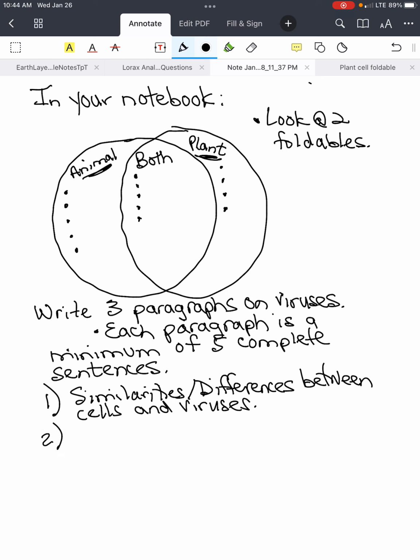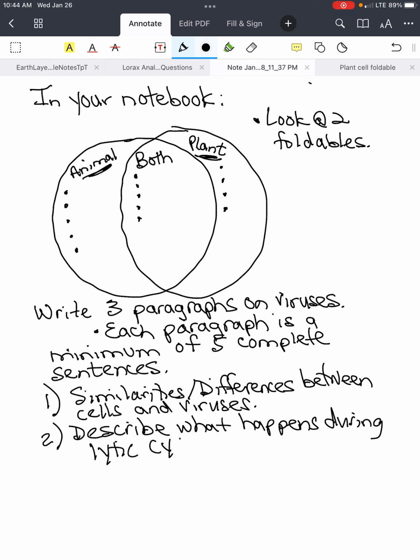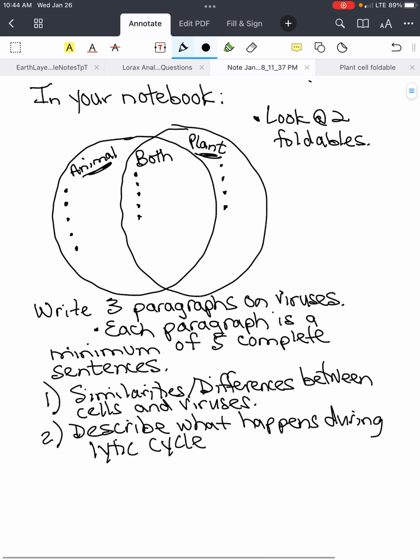Second paragraph, I want you to describe what happens during the lytic cycle. Now, you completed that Gizmos yesterday, so you should have a pretty good idea what happens here.